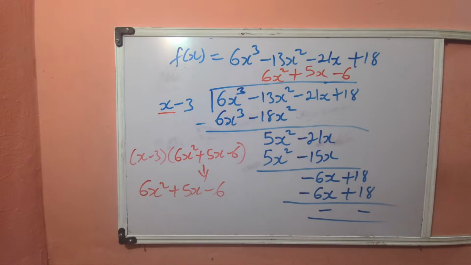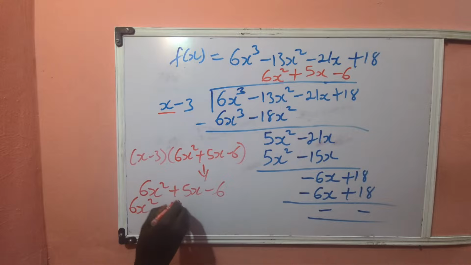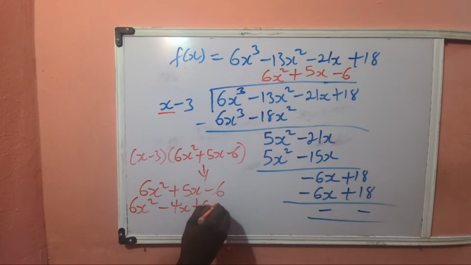If you examine the two factors, minus 4 and 9, you will see that minus 4 times 9 gives you minus 36, and minus 4 plus 9 gives you a sum of 5. So we are free to write it as 6x squared minus 4x plus 9x minus 6.